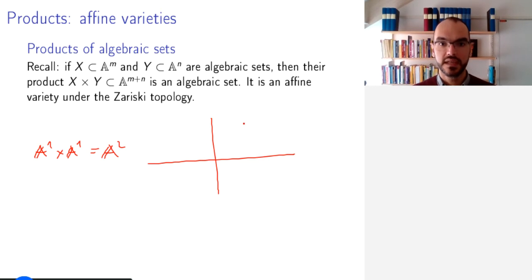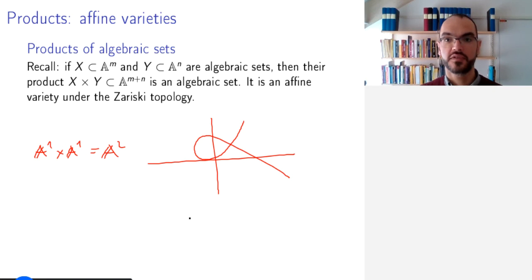Any curve in A^2 is an affine variety, so it is closed in the Zariski topology in A^2, but it is not constructible as a product of closed subsets from each of the A^1s.